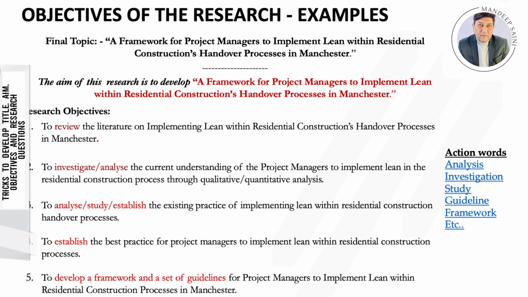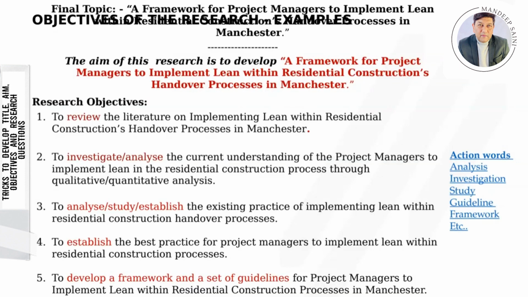Your final objective always needs to be your final product: to develop a framework and a set of guidelines, or to develop a model, or to come up with recommendations, or it could be anything else. It all depends on what product you thought about. So you just break it down into objectives, whatever your aim is. Just try to break it down into 4 to 5 objectives, not more than that.